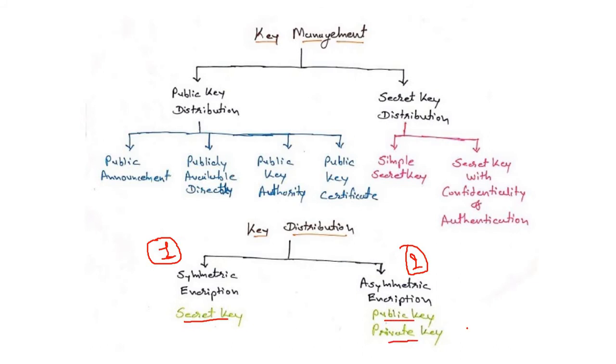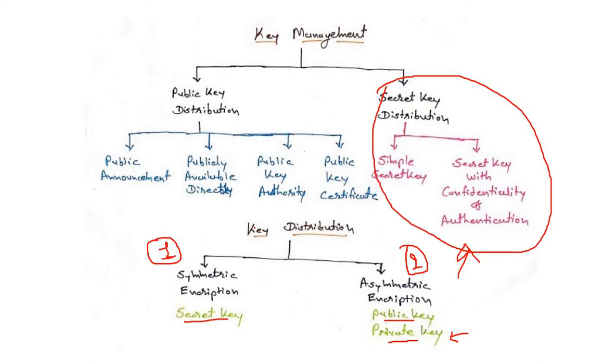Here the private key will work as the secret key, like the secret key in case number 1. In that case we can use the simple secret key and the secret key with confidentiality. So it will become our case number 2.